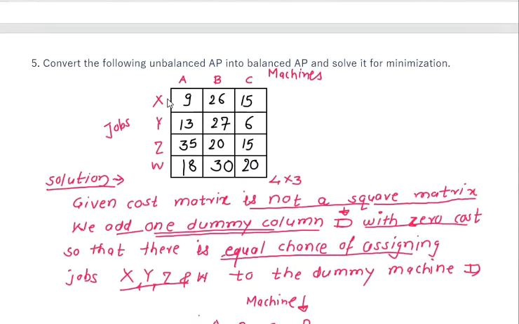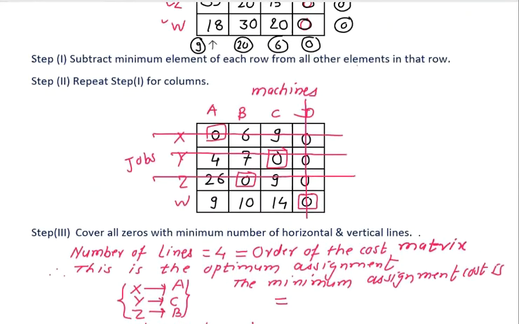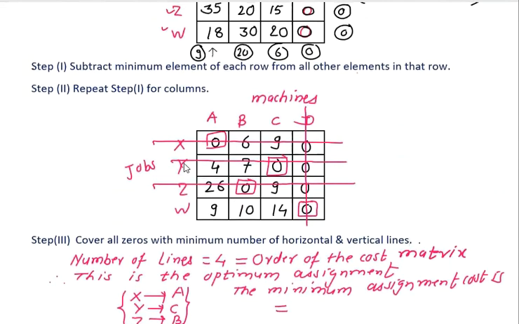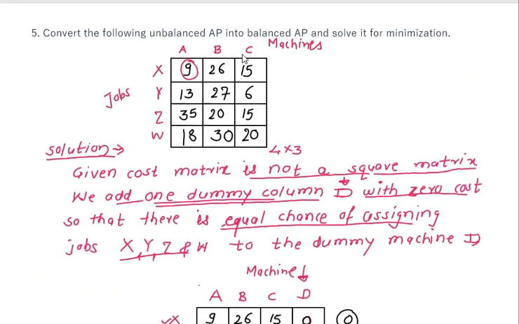So the cost of assigning job X to machine A is 9. So C11 is the cost. Then job Y is assigned to C, so second row, third column. What is the cost of assigning Y to C? It is 6.